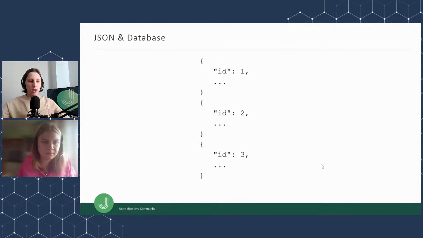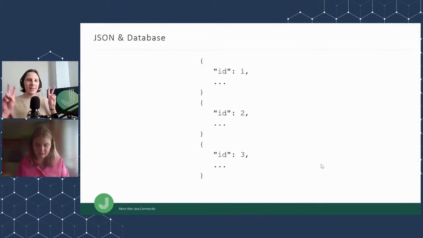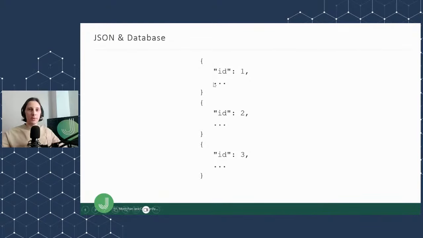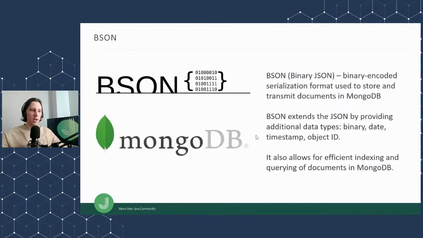Okay, great. So let's start improving JSON by addressing this issue with counting the objects in the file and by extending the data types provided. So what will we get? We will get BSON. It's a binary JSON, a binary encoded serialization format that is used mainly by the MongoDB database.